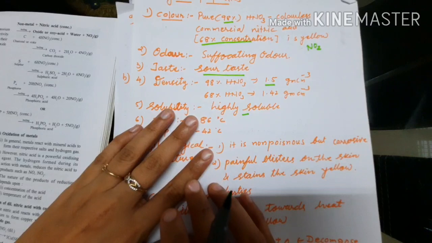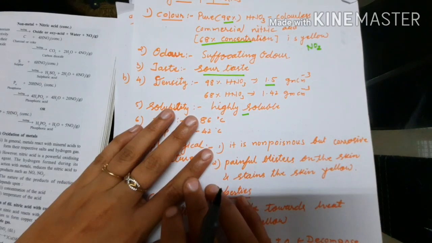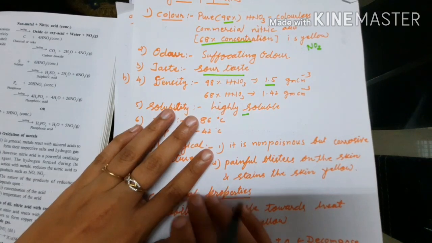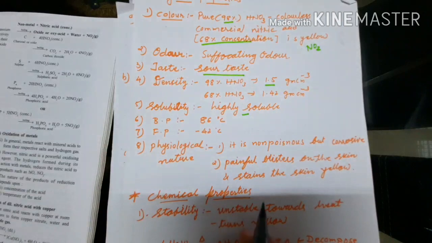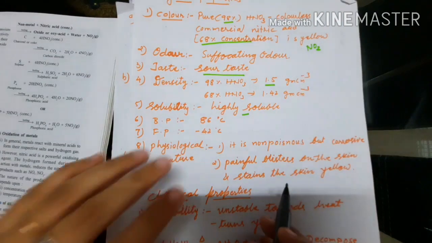If one drop of nitric acid falls on your skin, it will be very painful, and you will feel a painful blister on your skin, and a yellow stain will appear on your skin.